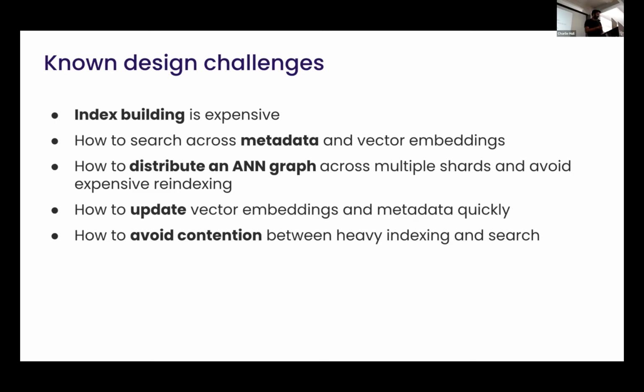Other challenges include how do you search across metadata and vector embeddings? The rest are essentially database challenges: sharding, updates. The last one, something I'm really excited to share with you, is how do we avoid contention between heavy indexing and queries or search? We'll get to it towards the end of this presentation.